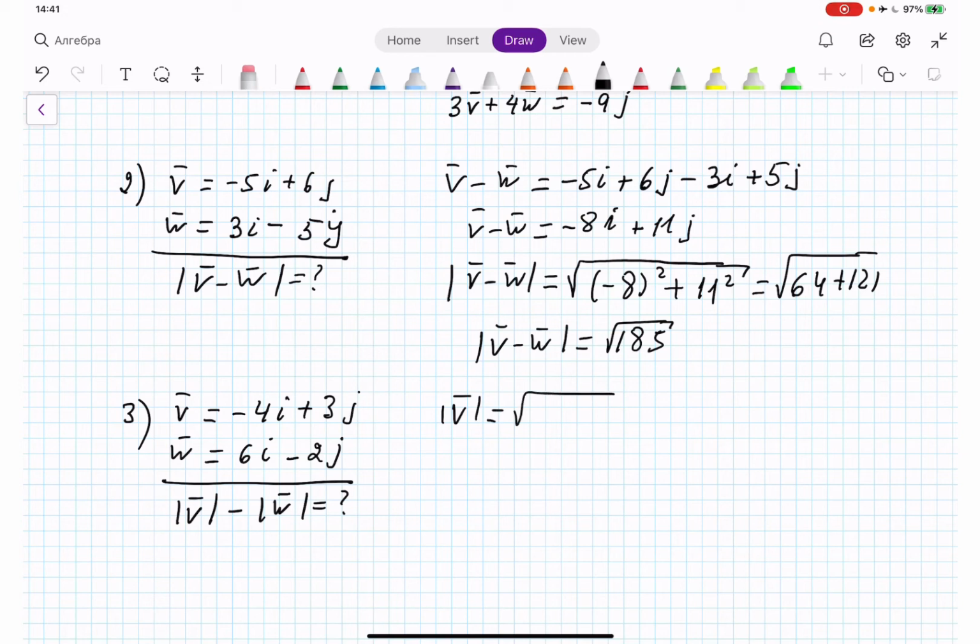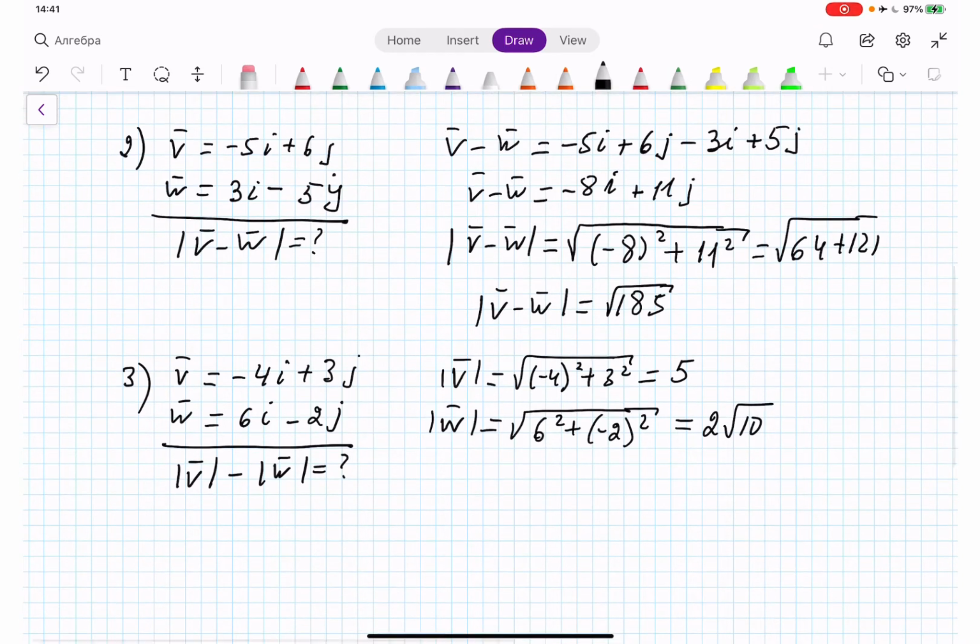It's equal negative 4 squared plus 3 squared, that is equal 5. And the magnitude of vector w is equal 6 squared plus negative 2 squared, and the answer is 2 square root 10. So from here, the difference between the magnitudes of the vectors, magnitude of v minus magnitude of w, is equal 5 minus 2 square root of 10.